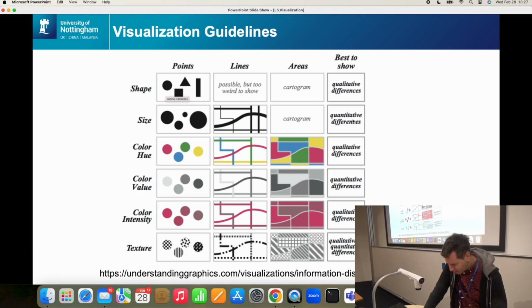And then color is good for qualitative differences, and color value is good for showing quantitative differences. Qualitative, remember we used those terms quantitative and qualitative last week, hopefully. And then texture. So these are just examples of different marks and channels being used together and when they're a good combination, when they're a good choice to use.